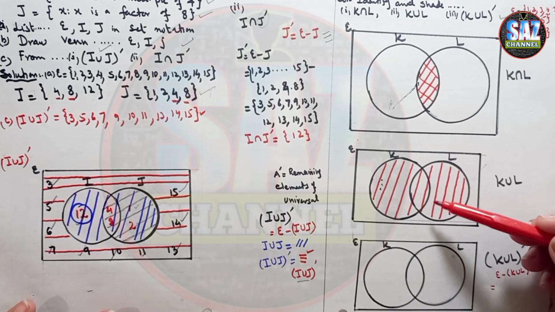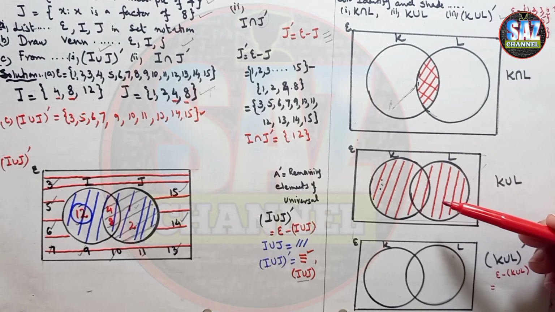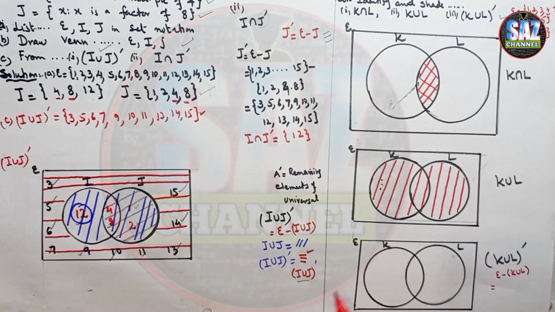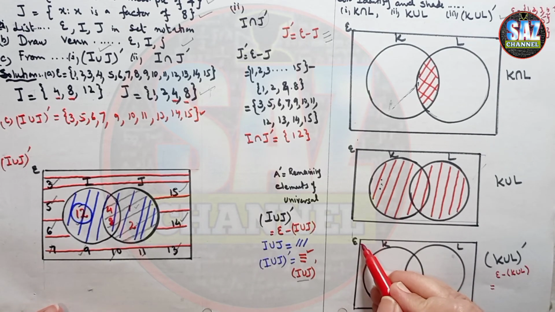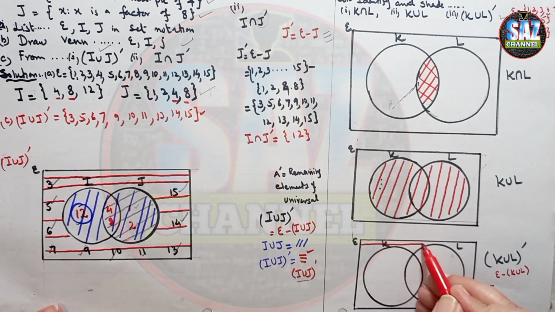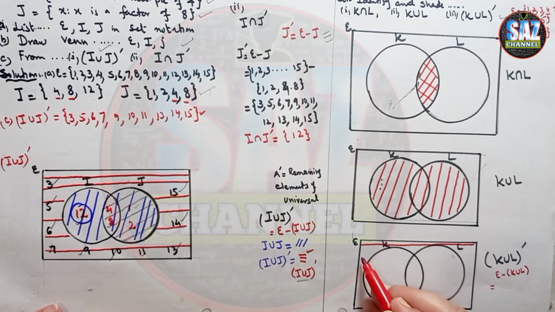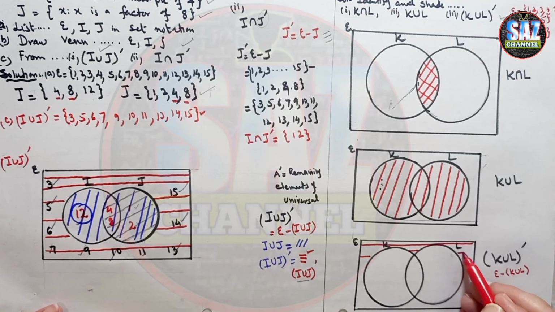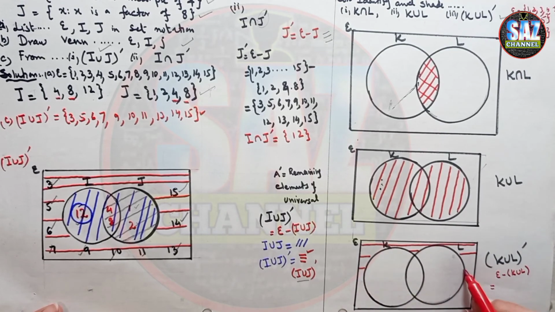So in order to get the answer of K union L complement, I have to leave K and L both the sets. So the shading that we will have for K union L complement will be outside these two circles. I do not have to go inside the circle. I have to shade very nicely. And this is the portion for K union L whole complement.